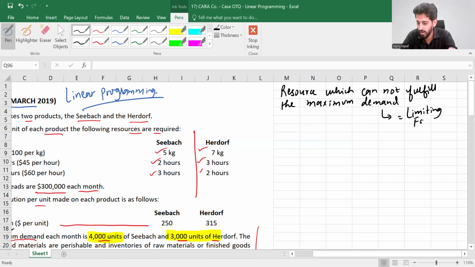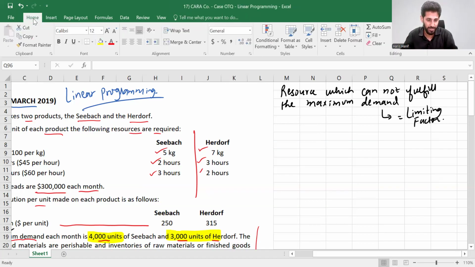It is called the limiting factor, right? That's a very simple point: those resources are said to be the limiting factor which cannot fulfill the maximum demand.